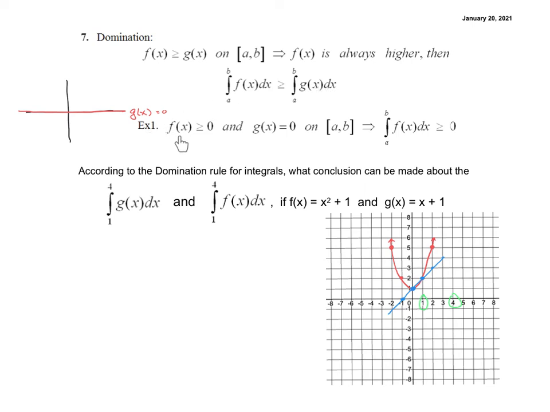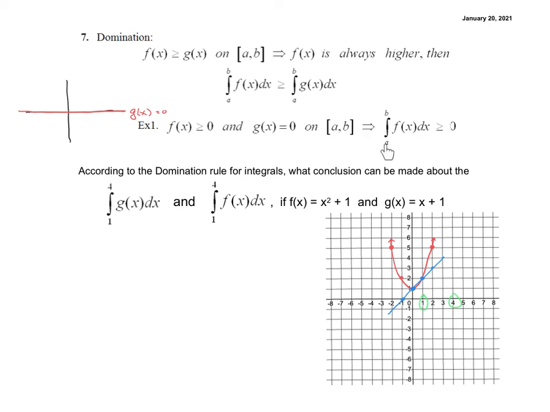So an example here would be that f of x is greater than or equal to 0. That means that the function f is always above the x-axis, or at the lowest point it would be on the x-axis. G of x is simply a constant function at 0, so it basically is a line on the x-axis, and that's on an interval from a to b.